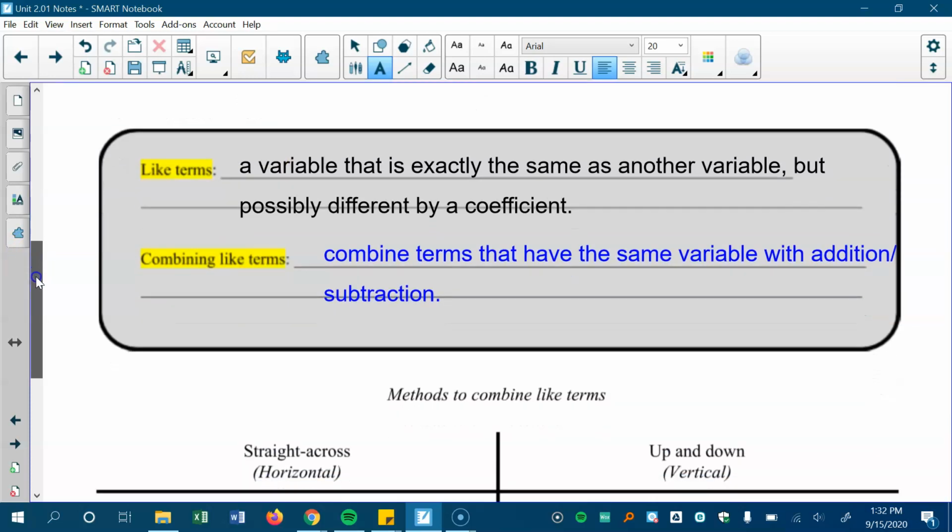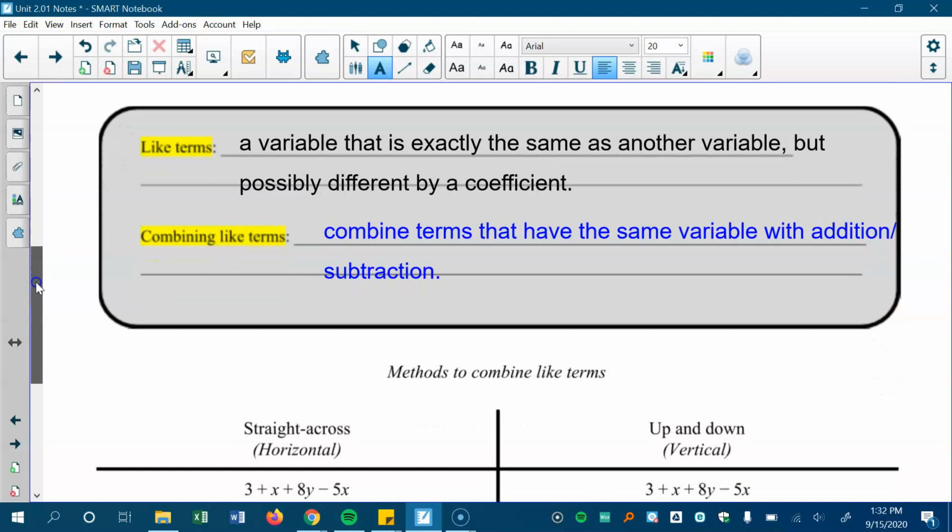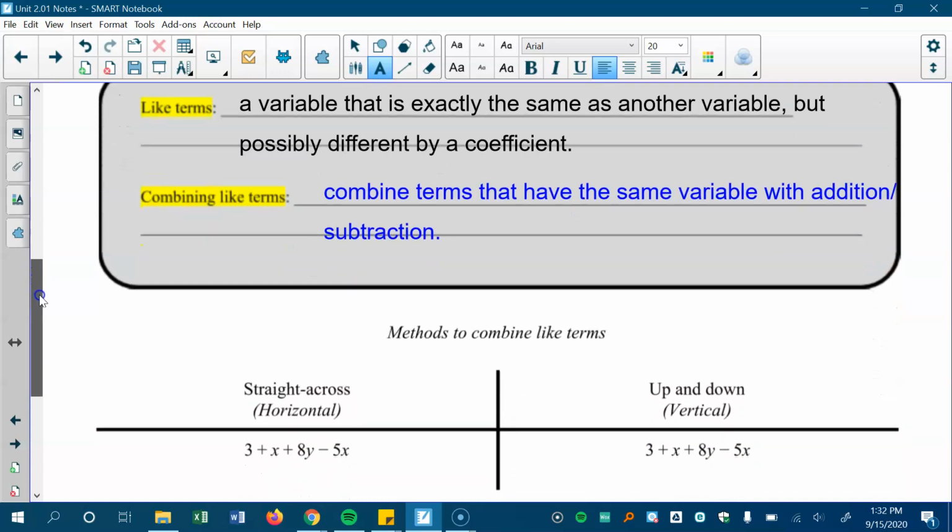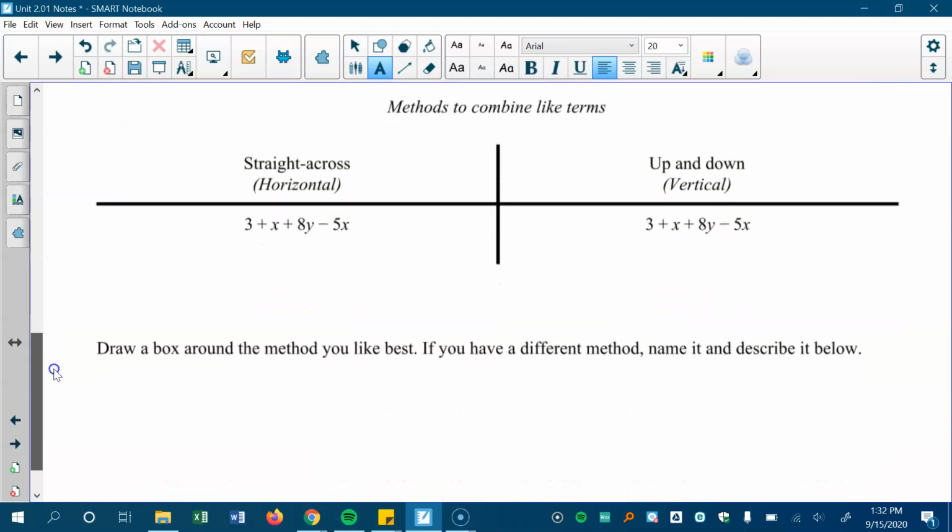There's a couple ways you can combine like terms, and again, if I'm going too fast, please pause the video. The methods are you can go up and down, or you can go left and right. The first one that we have here is left to right, horizontal.